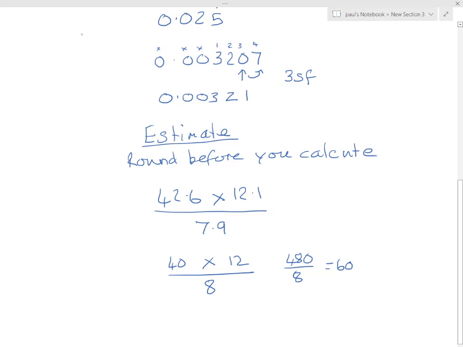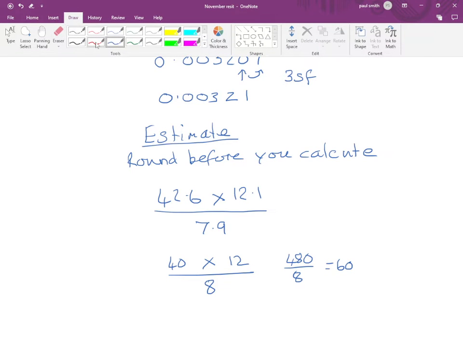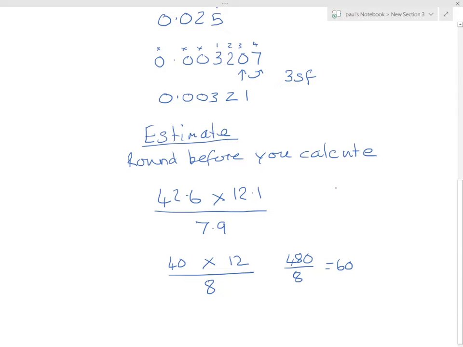Now, some would argue, and I would be all right, that you might want to do 40 times 10 over 8, which will then be 400 over 8, which will then be 50. Either is okay. It just depends who sets the question and what they're looking at. But both ways, you are able to divide by 8 without any hassle and without any leftover.